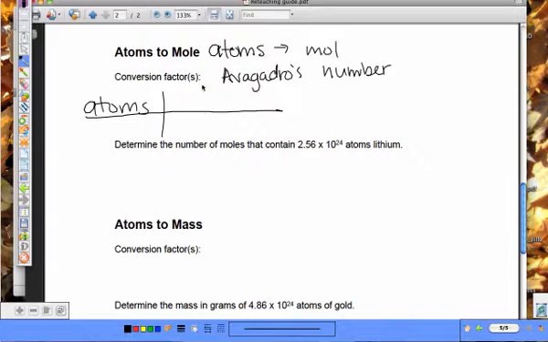What numbers have to go here? What numbers go on the bottom? Avogadro's number, okay. 6.022 times 10 to the 23rd.